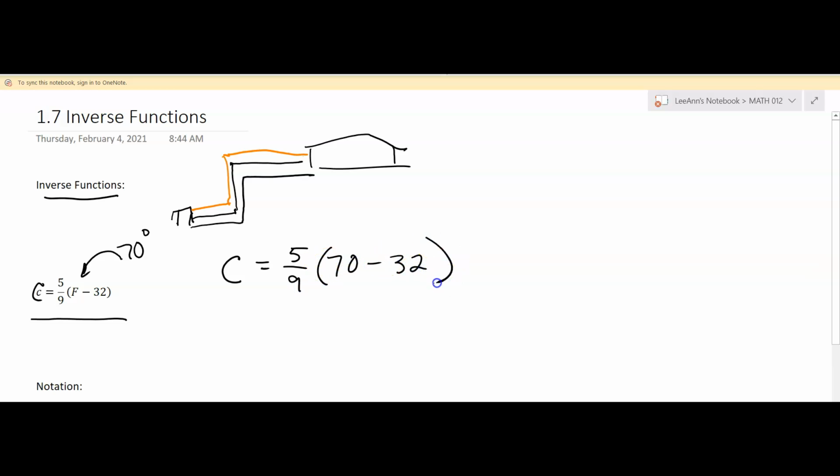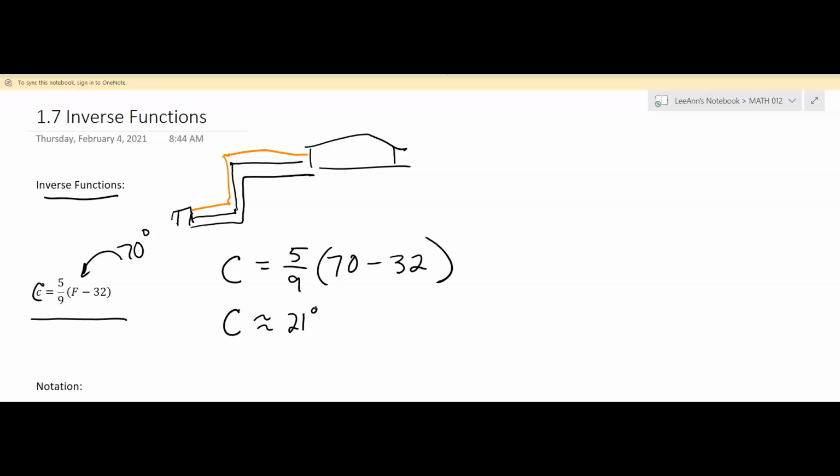You could work that out on a calculator, and it's approximately 21 degrees Celsius, okay?